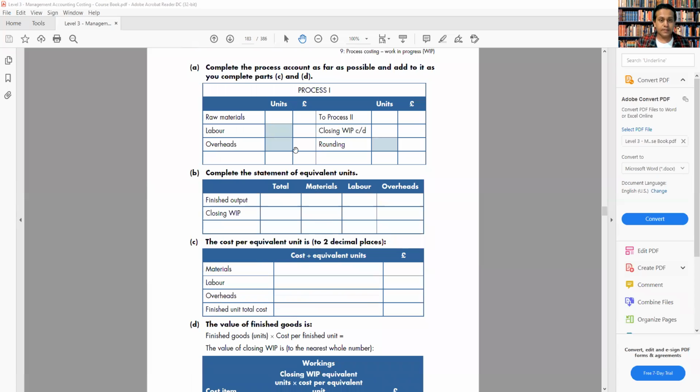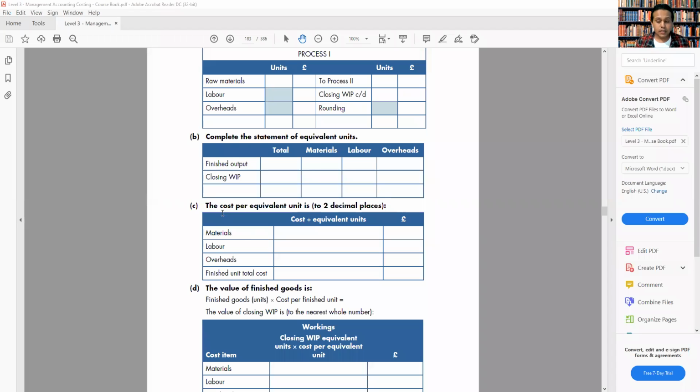You can see we have to complete the process account as far as possible, then add to it as you complete parts C and D. So we have the first thing, the process account. Then we have to complete the statement of equivalent units. We have to do that. Then we have the cost per equivalent unit.